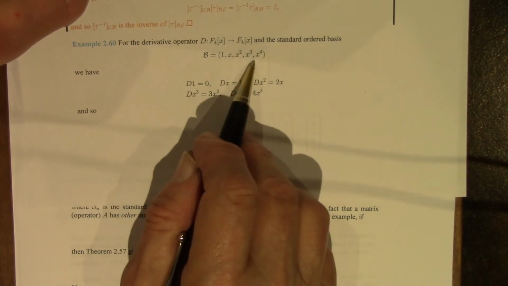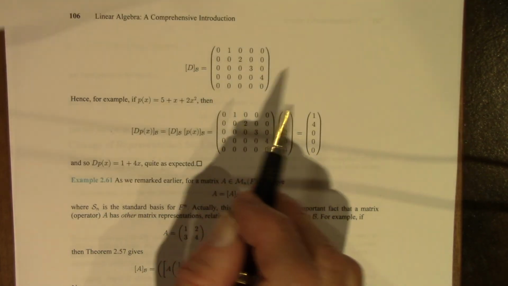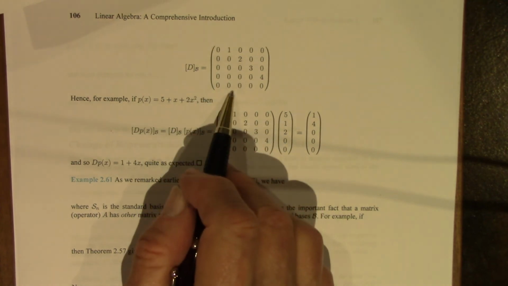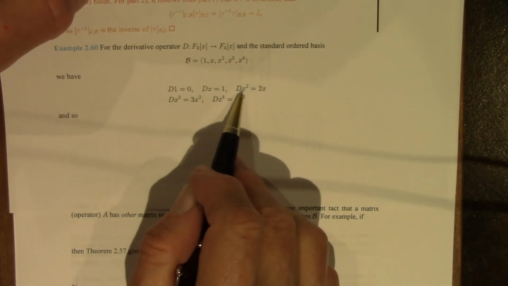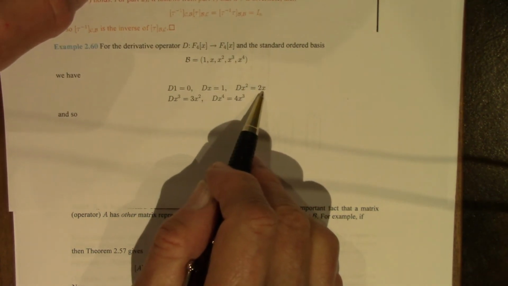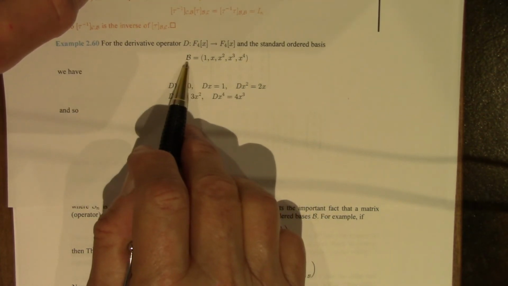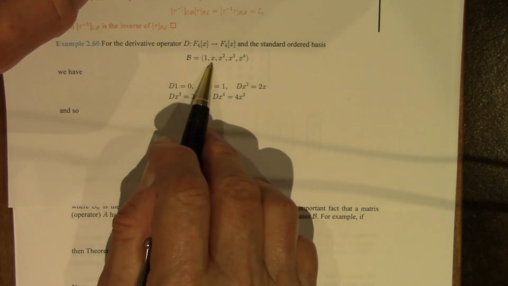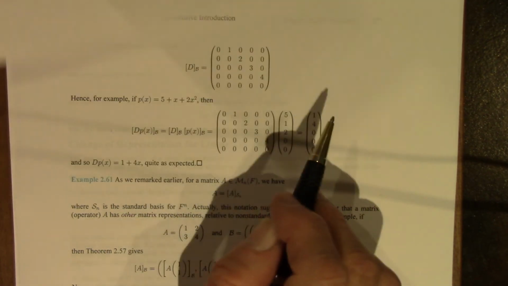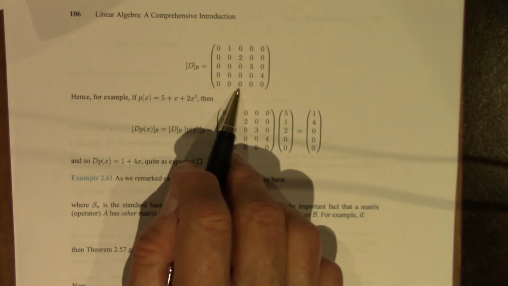Those are the coefficients of the linear combination. So we get 1 and 4 zeros. For 2x, the coordinate matrix with respect to B is 0, 2, 0, 0, 0. So we get this column.